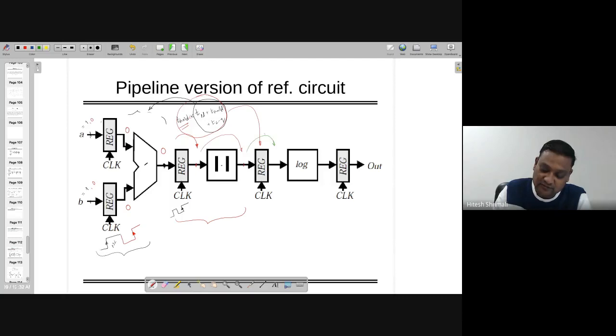This cannot go here, right? Because it came much later after the clock changed from 0 to 1. However, when there is the third clock, at that time this data is available, and that's going to be given to the next side, and after the log value, that log value is available over here.